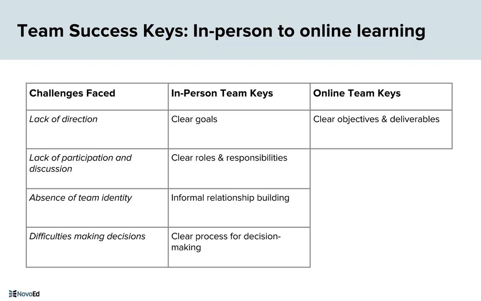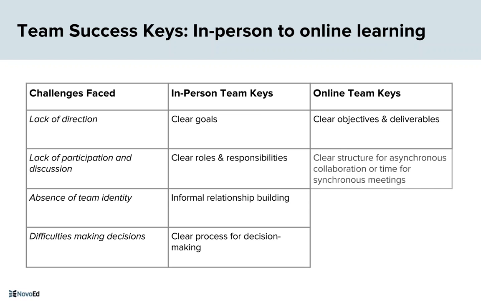Another challenge teams often face, as you might know, is lack of participation in discussion. In this particular case, clear roles and responsibilities can help in-person teams work this out, where everyone knows what they're doing and then can interact with each other. When we're thinking about this from an online perspective, the structure of the team is really important. There are two key components of this. One is thinking about how teams schedule their time.